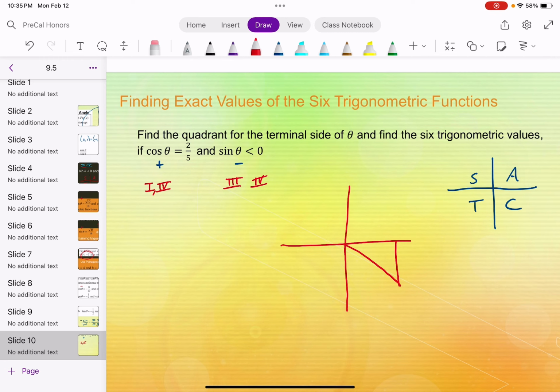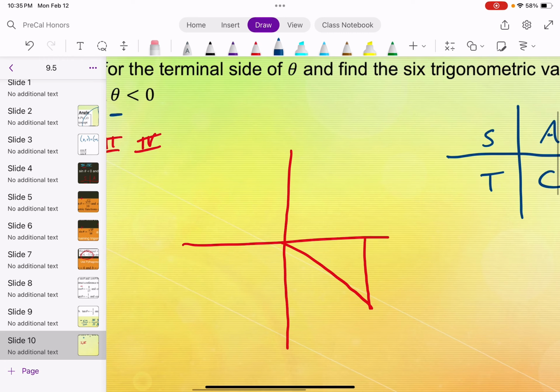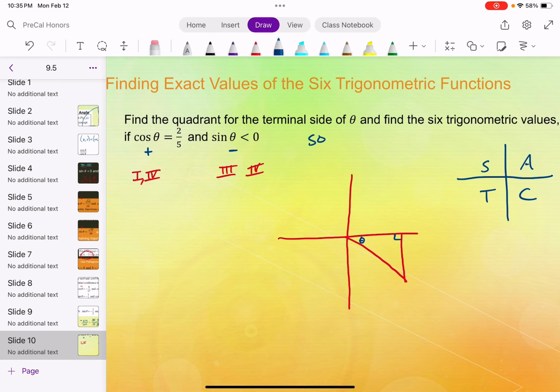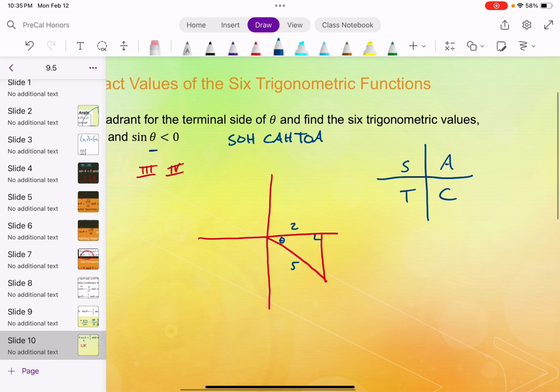We know that cosine of theta is equal to 2/5. So our adjacent is 2. Our hypotenuse is 5. And we're going to go ahead and solve for that remaining side.